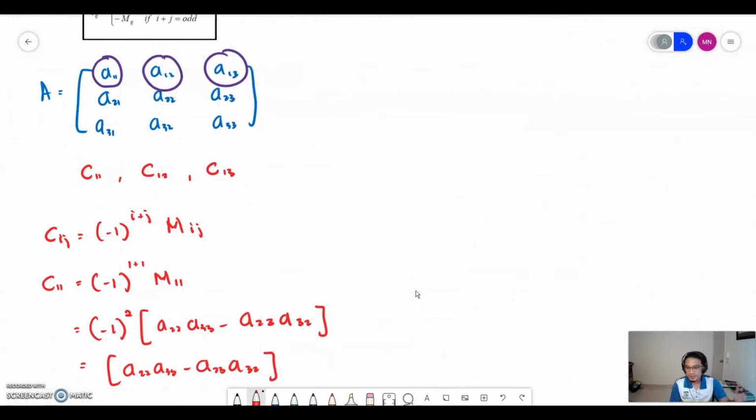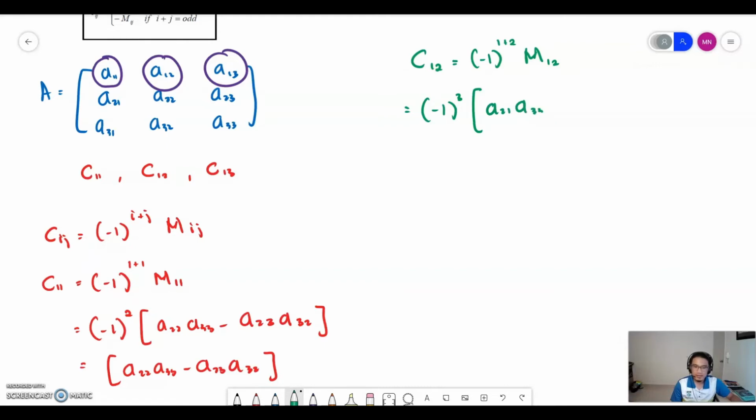Alright, next. Let's do cofactor 1, 2. Cofactor 1, 2 will be equal to negative 1 to the power of 1 plus 2, M12. So we will have negative 1 to the power of 3, and M12 is A21, A33 minus A23, A31.